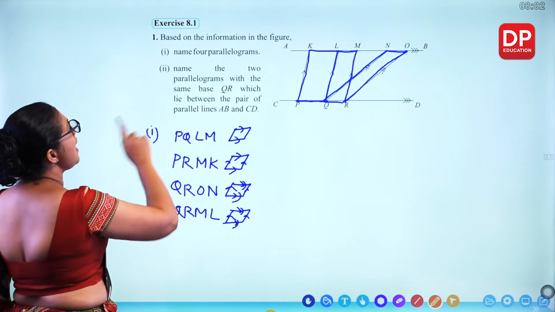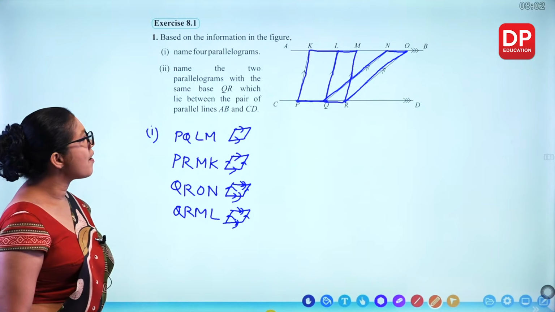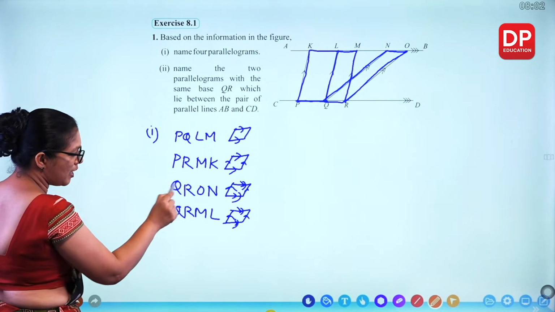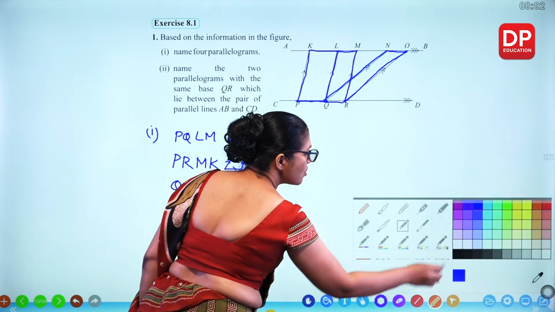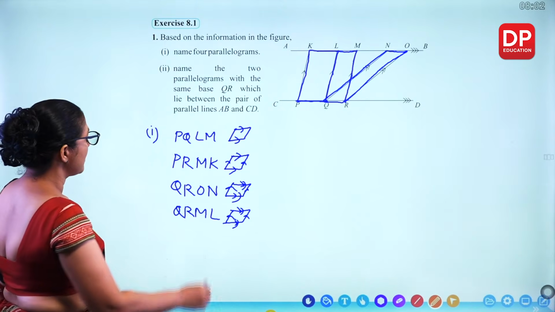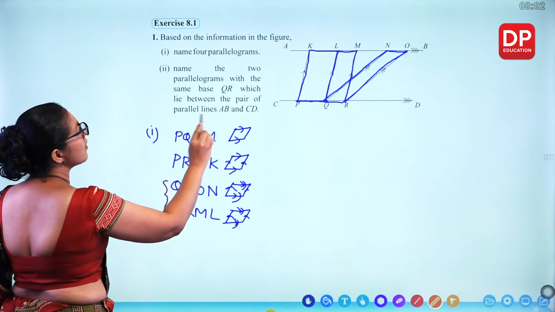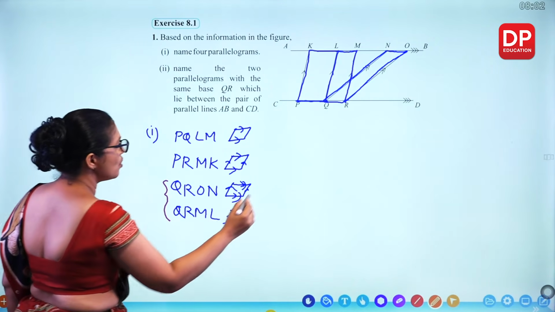And then it says name the 2 parallelograms with the same base QR. Can you see, starting from QR? So what are the 2 parallelograms with the same base QR? These 2. I can write for part 2.